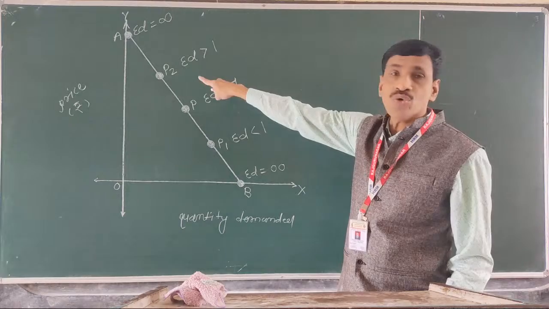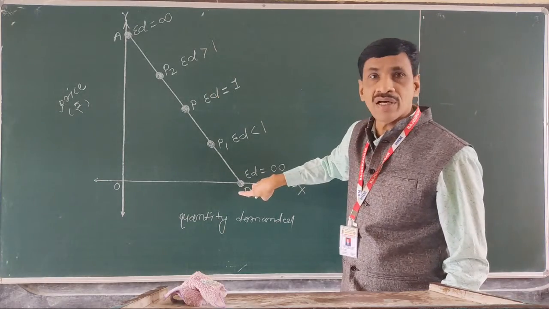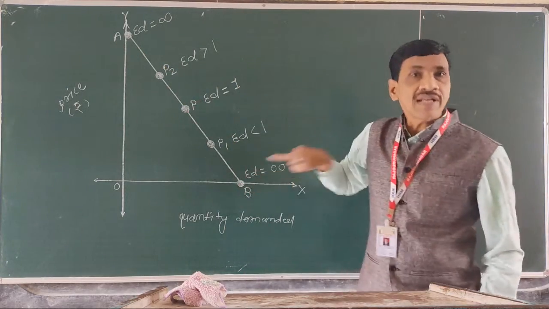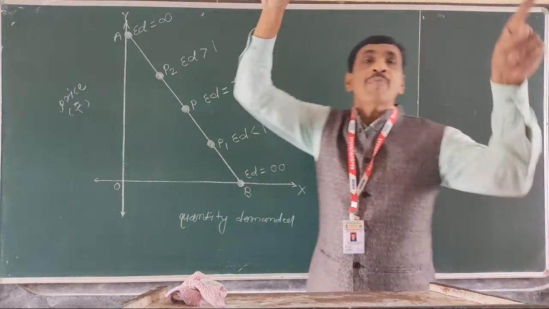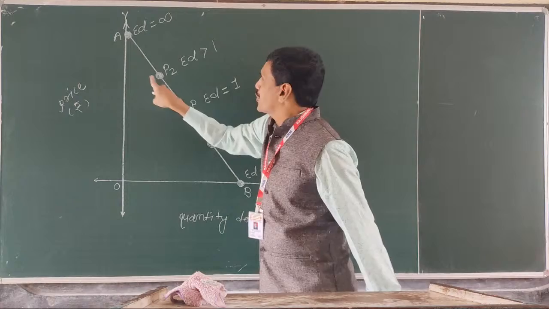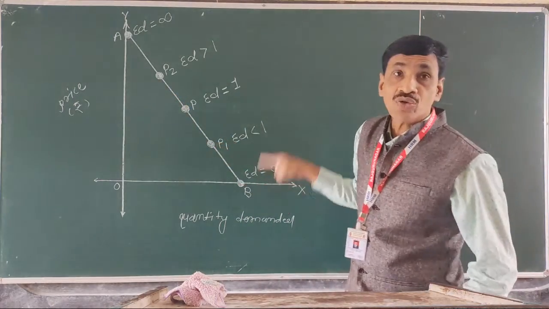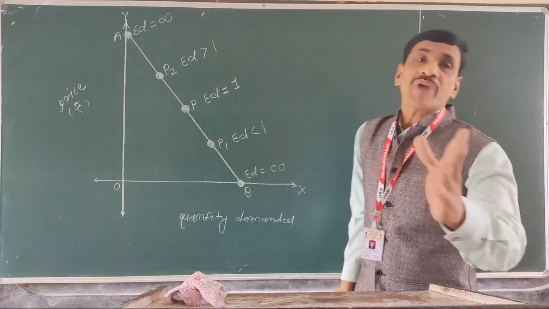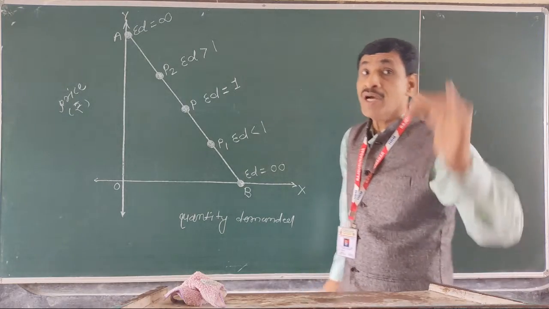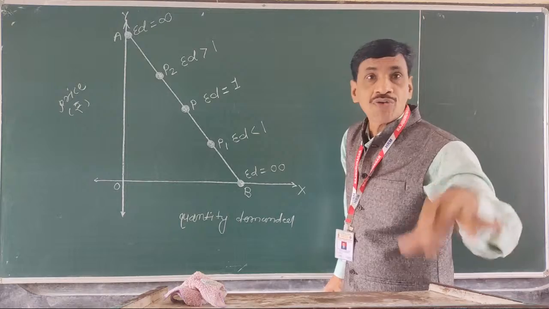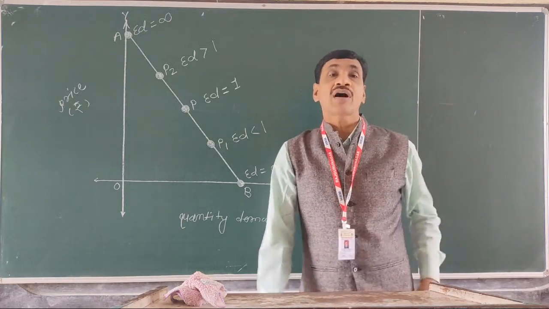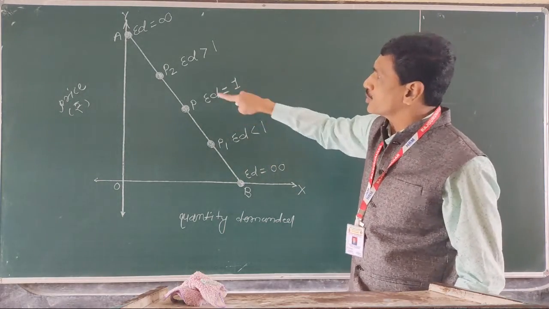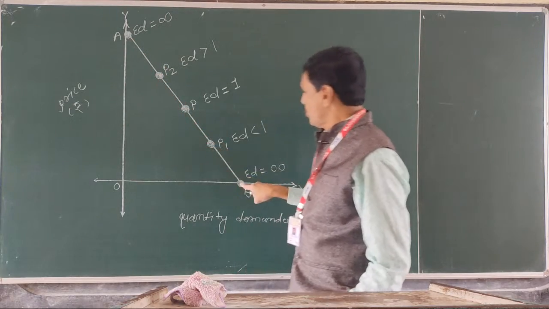AB is the linear demand curve, and on the demand curve there are 5 points: 1, 2, 3, 4 and 5. We measure each point's price elasticity of demand with the help of the point method, using the linear demand curve.